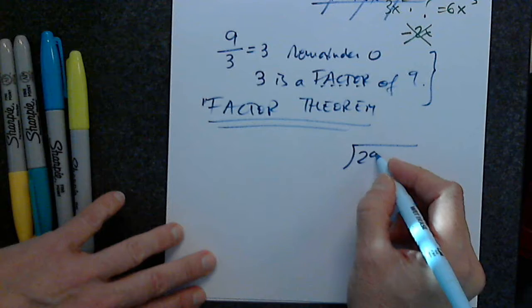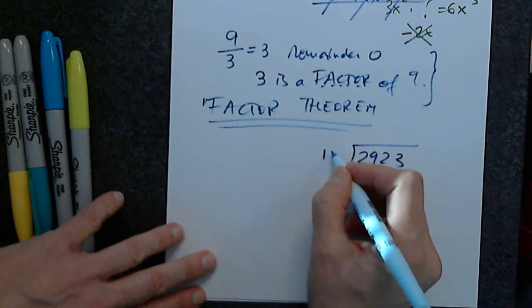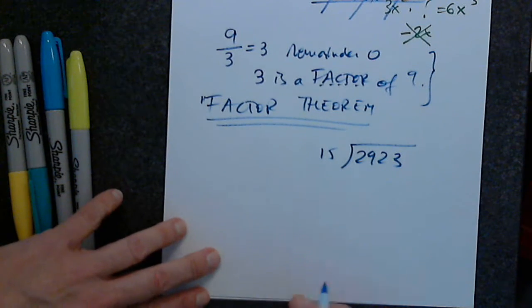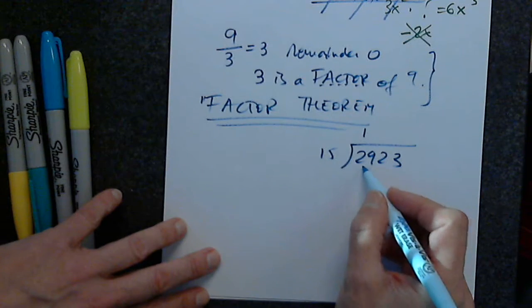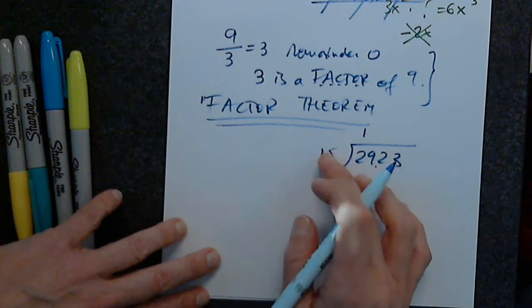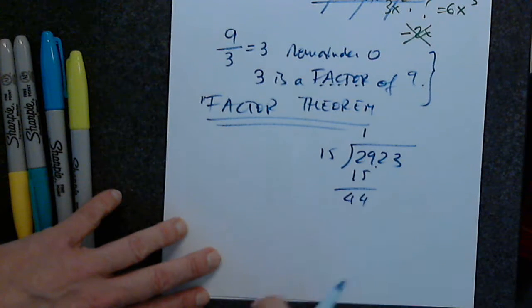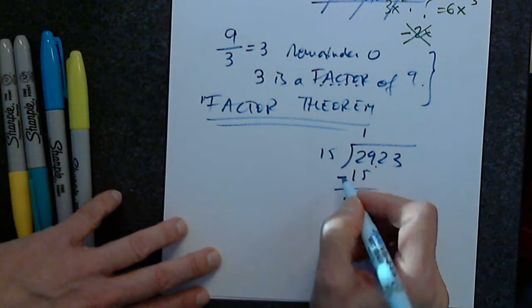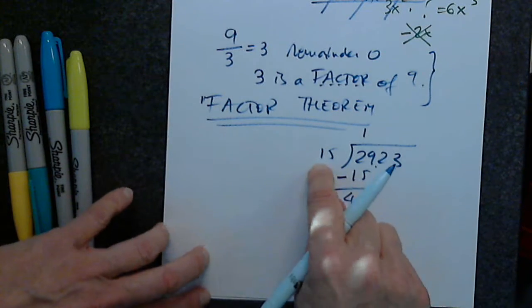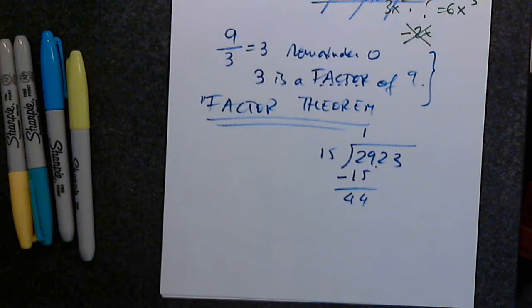When I divide 2923 by 15, I say 15 goes into 29 once. 1 times 15 is 15, and I get 44? No. I have to subtract. Although 1 times 15 is a positive number, I have to change its sign before I write it under that.